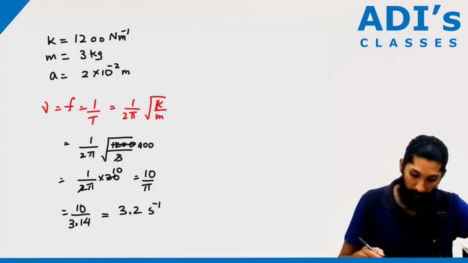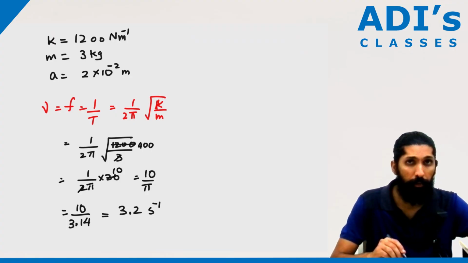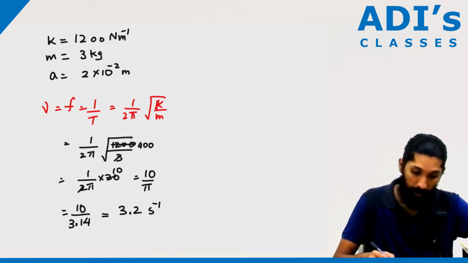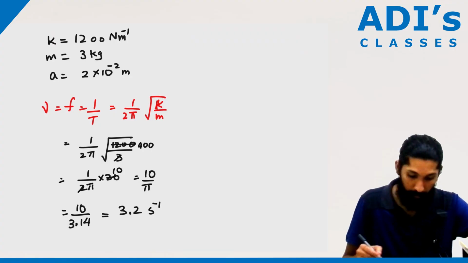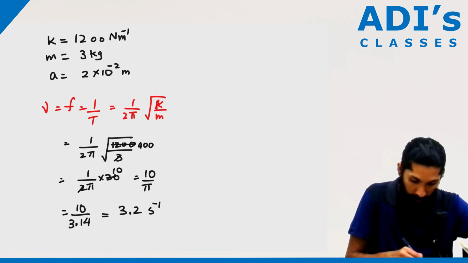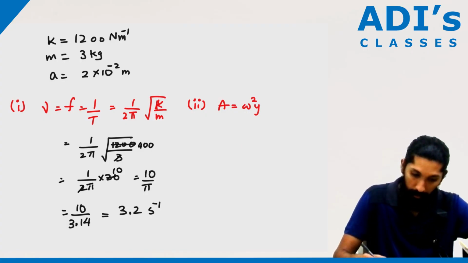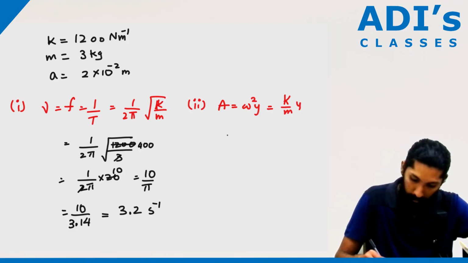Now for the second part of the question, they're asking you the maximum acceleration, correct? Let's take the acceleration formula. The acceleration A is equal to omega square into y, or you can write this as k by m into y. So this is going to become k value 1200 divided by m, which is 3, into y.